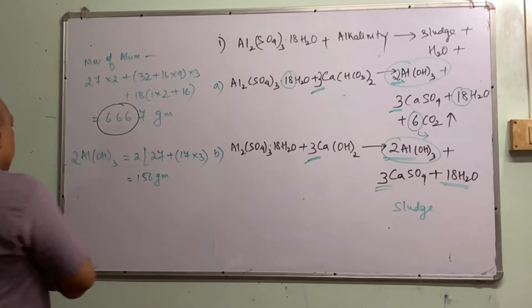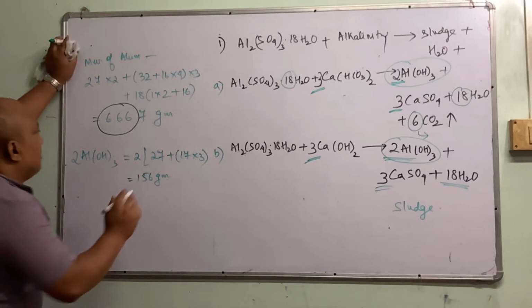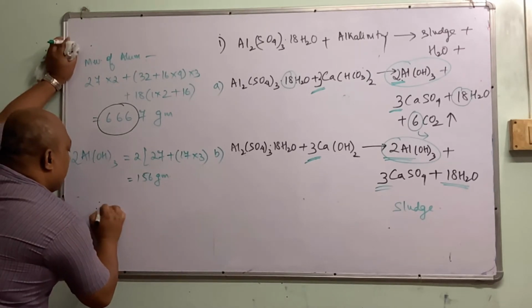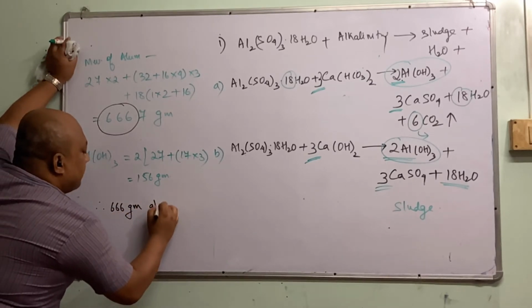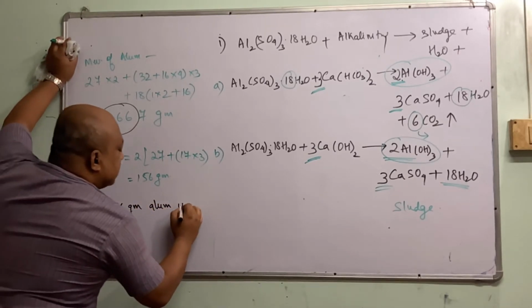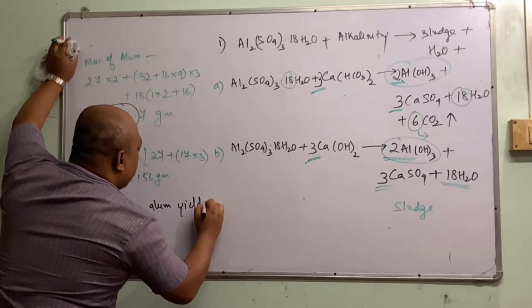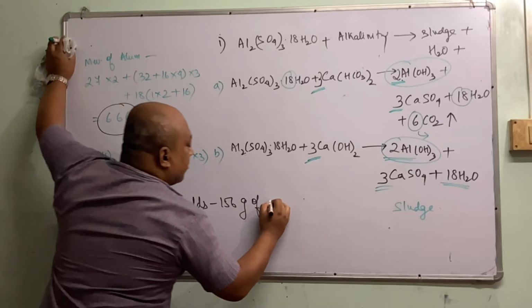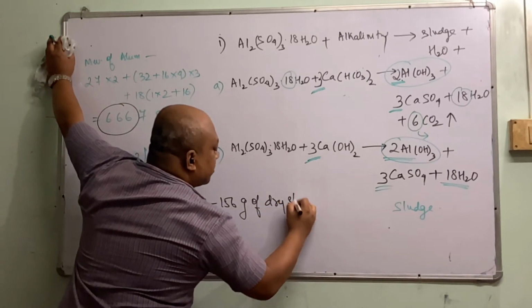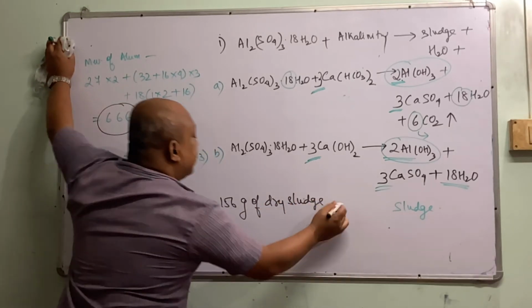Now the question is, remember, therefore 666 gram alum yields 156 gram of dry sludge. Why am I saying dry?